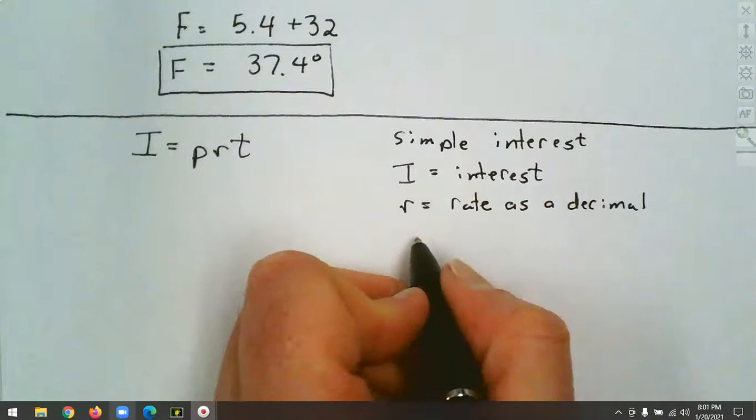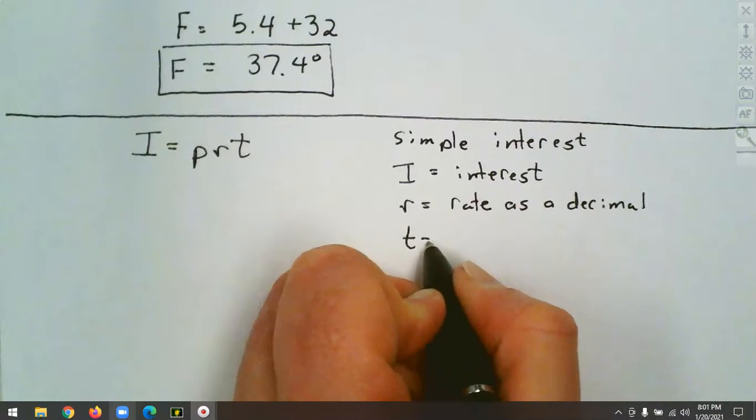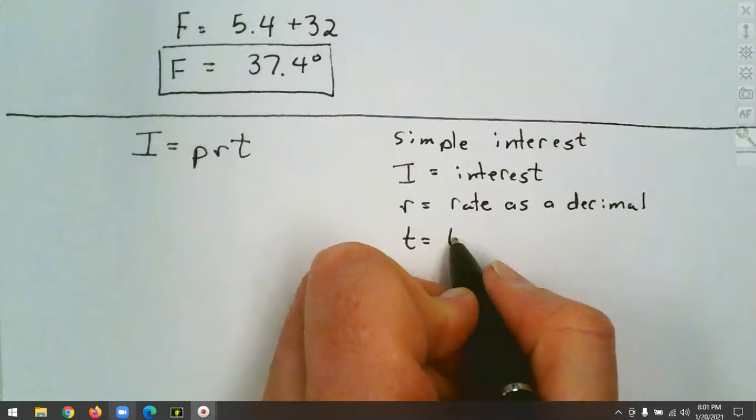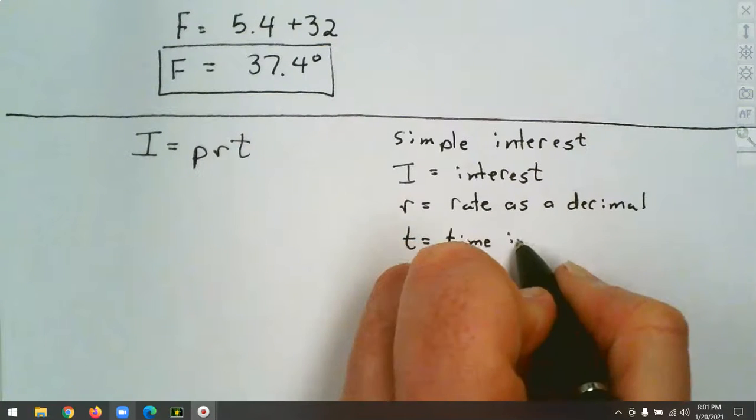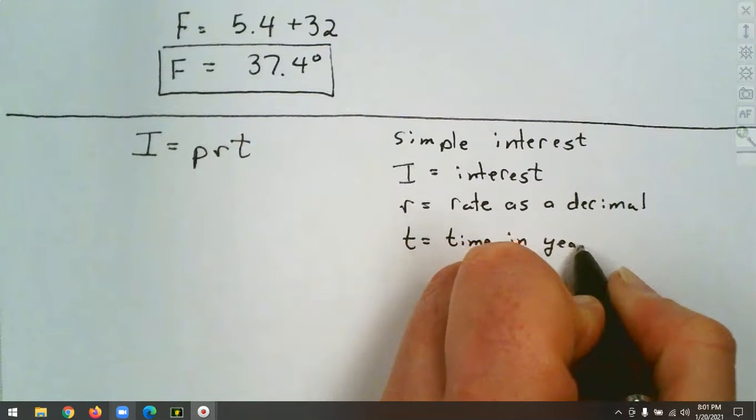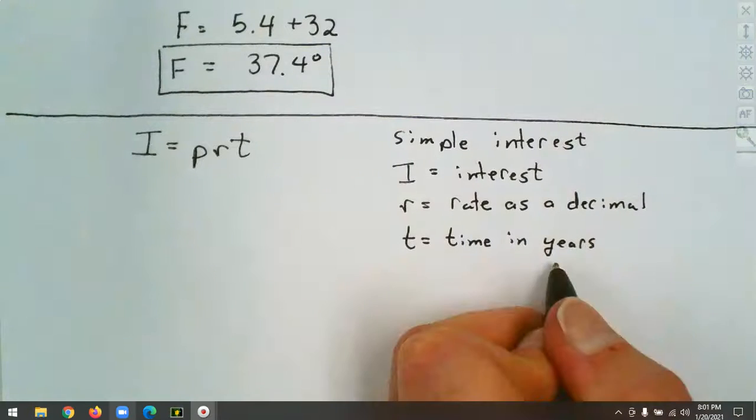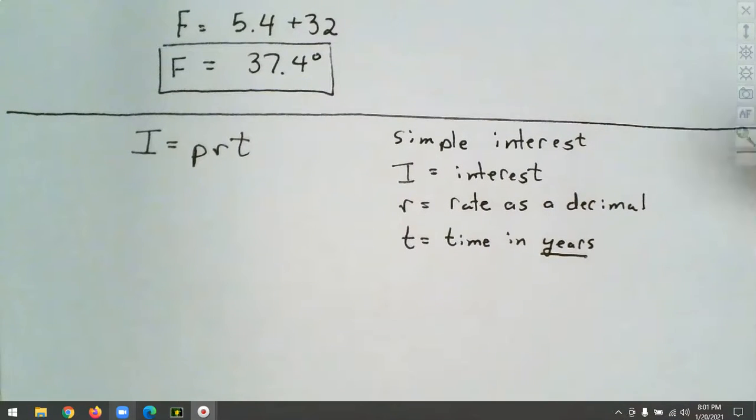Here's where students make a mistake. T is time in years. So you have to make sure, if it's in months, we're going to have to convert it to years. So make sure if it's 8 months, we would take that 8 and we would divide it by 12 because that's going to convert it to years.